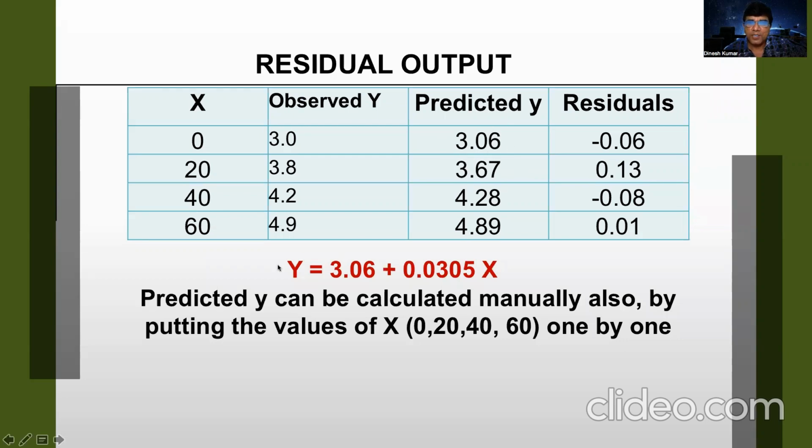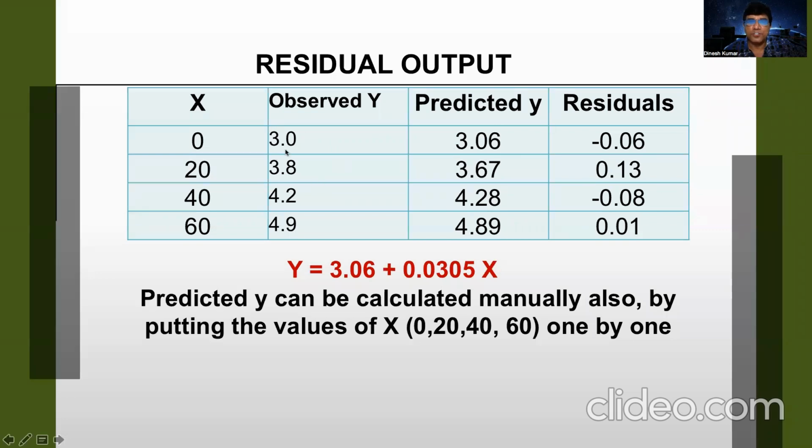You have the equation. If you want to know this value, then you put 0 here. You will get 3.06. If you put 20 here in place of X, you will get 3.67 as the predicted value. If you put 40 here, you will get 4.28. So these are called predicted values. We get it from equation, and these are our actual values.